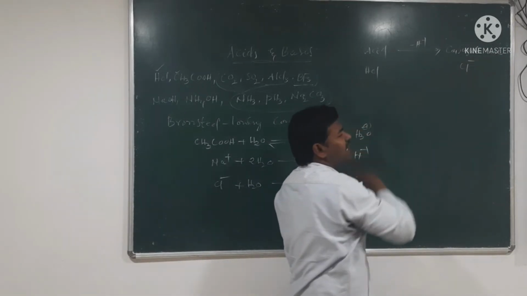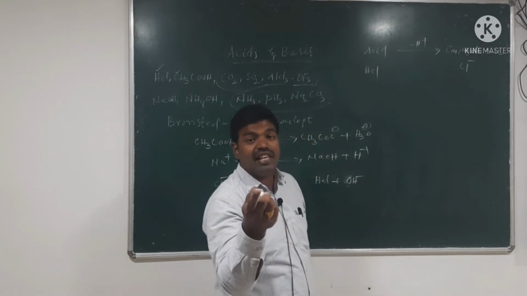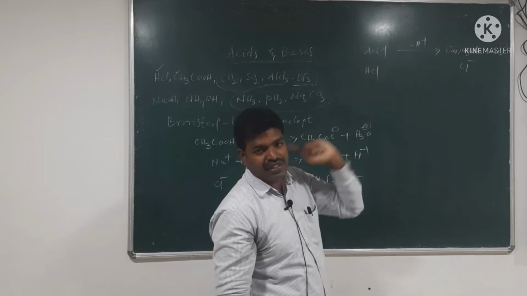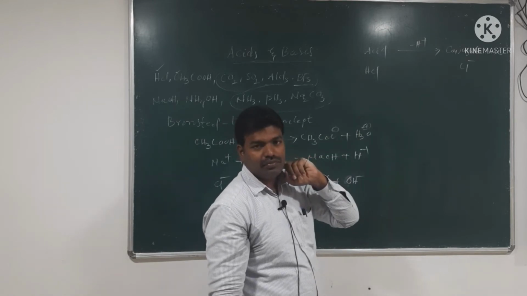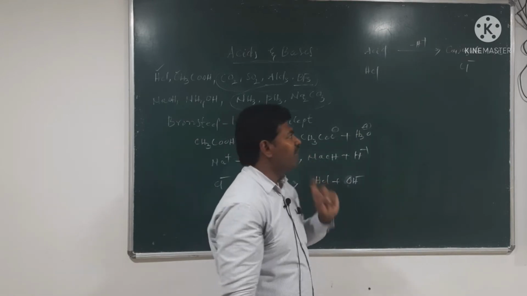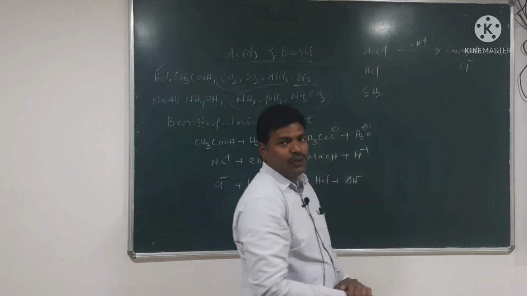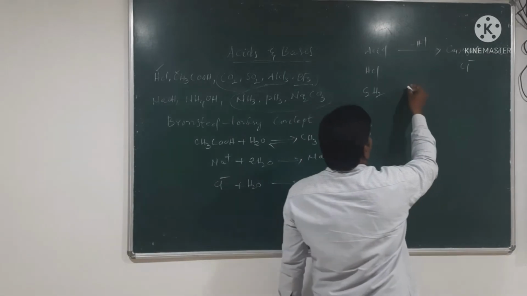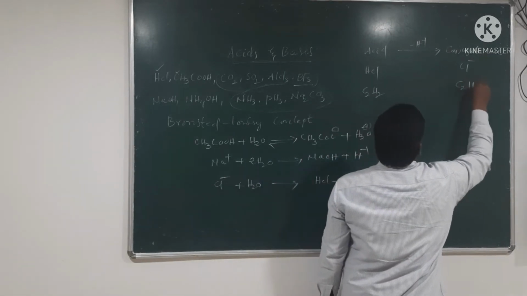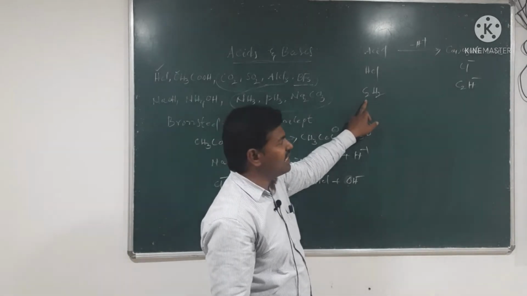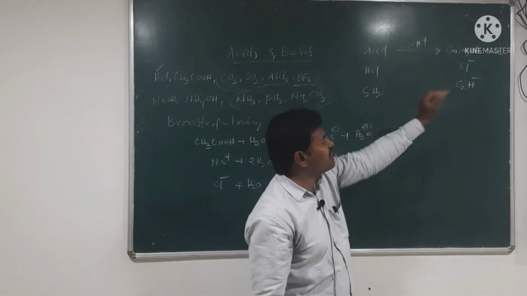So HCl is an acid and Cl minus is its conjugate base. For example, C2H2, if it loses an H plus ion, forms C2H minus ion. It is a Bronsted acid, and its conjugate base is C2H minus.